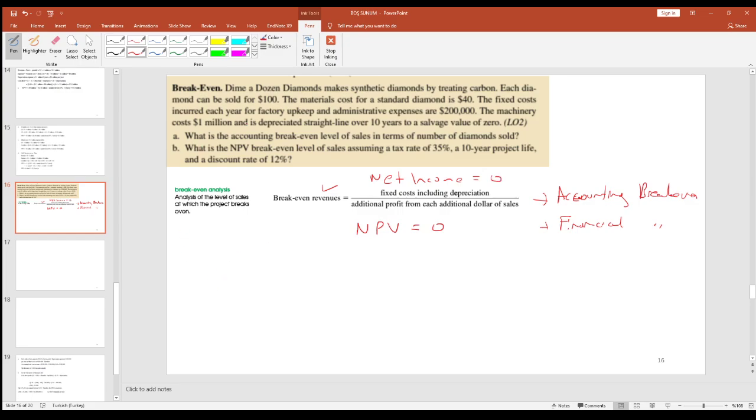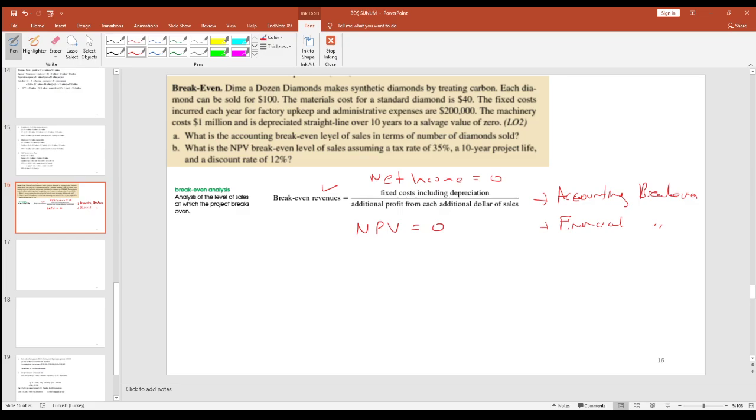So let's look at the problem. Dime a Dozen Diamonds makes synthetic diamonds by treating carbon. Each diamond can be sold for $100. The material cost for a standard diamond is $40, which is variable cost. The fixed cost incurred in each year for factory upkeep and administrative expenses are $200,000. The machinery costs $1 million and is depreciated straight line over 10 years to a salvage value of 0.